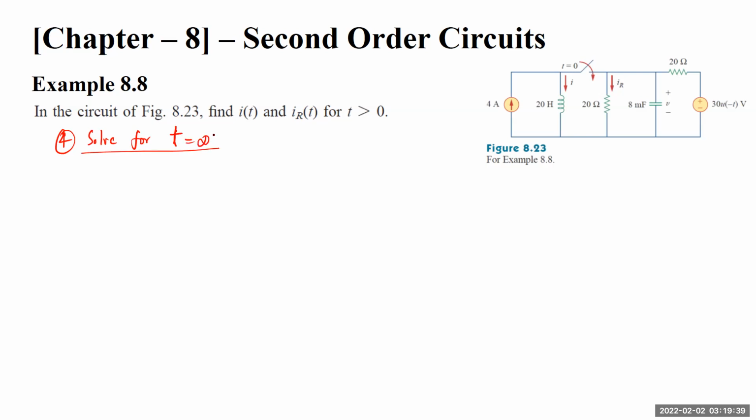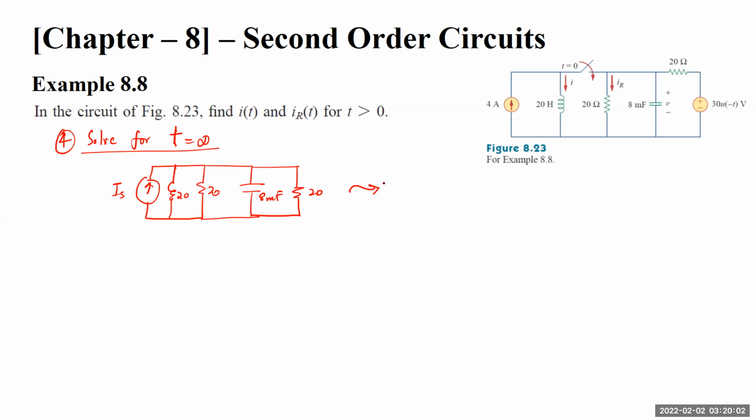So now infinite time has passed, and this circuit would look something like this. There is an inductor here, 20 ohms, a capacitor here, and another resistance here, 8 millifarad. So this is how its equivalent circuit would look, with a resistance of 10 ohms.